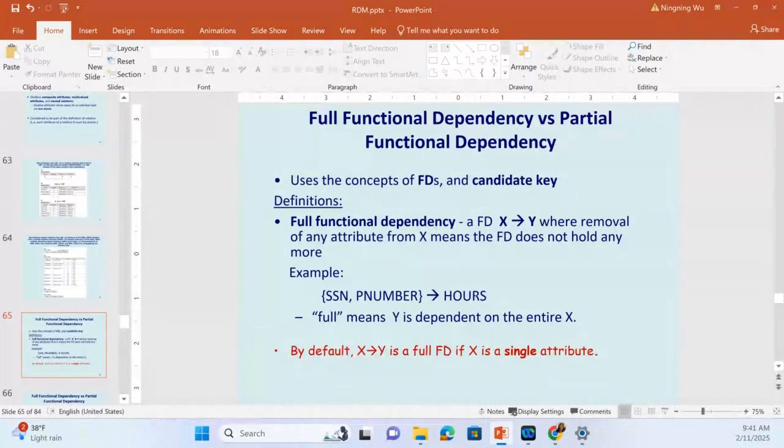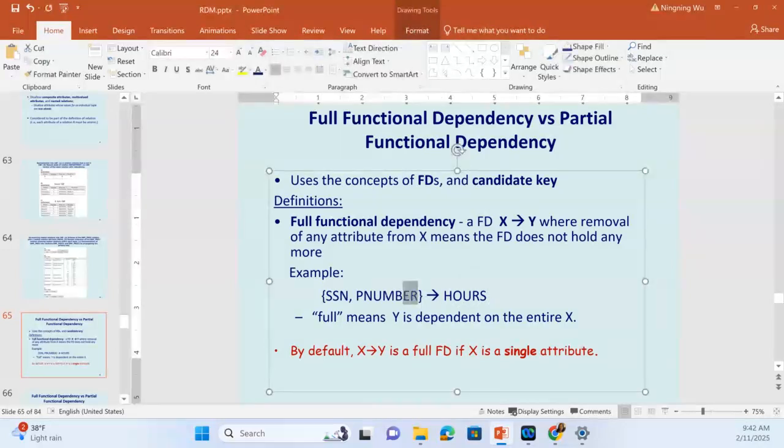Then we are able to determine the corresponding hours for that project given an employee. So hours is dependent on the entire determinant, SSN and P number. This is called full.